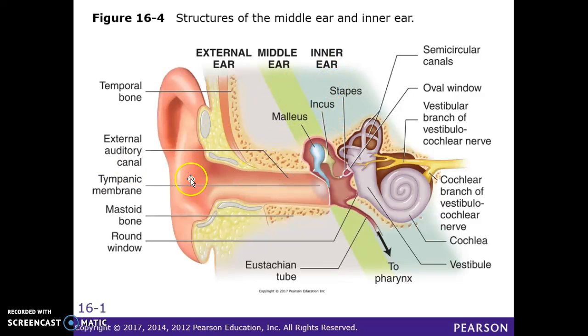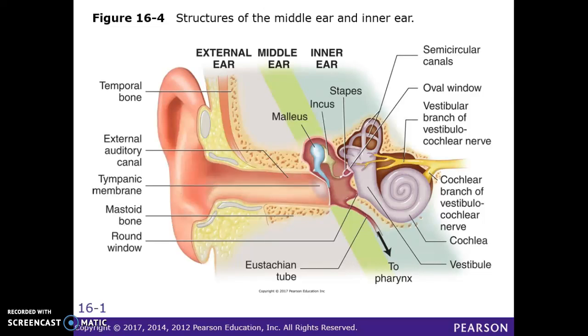Then we're going to talk about how some of these small bones work together to allow us to hear. So how do those things happen? And then how is all of that related to your nasal cavities, to your mouth, those types of things. So all of this is connected.